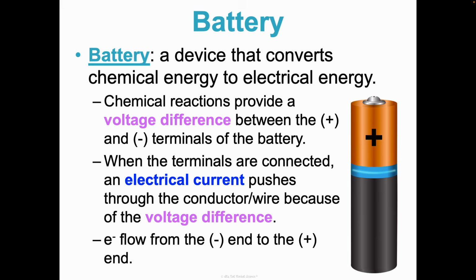Now, I have to tell you one little thing here before we move on, so I don't get comments and messages about how that explanation is wrong. There are some nuances to how we describe the direction of current. So I have an article linked. It's from Physics Classroom. It's called Conventional Current Direction.